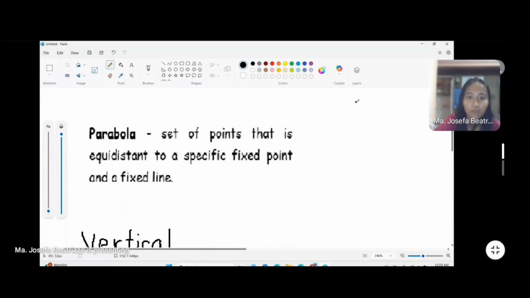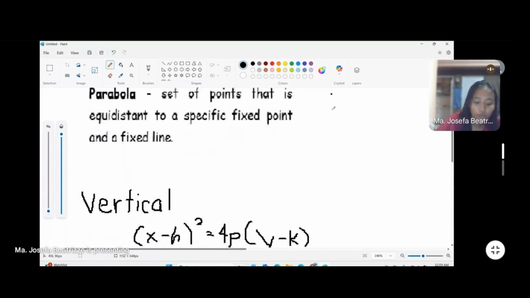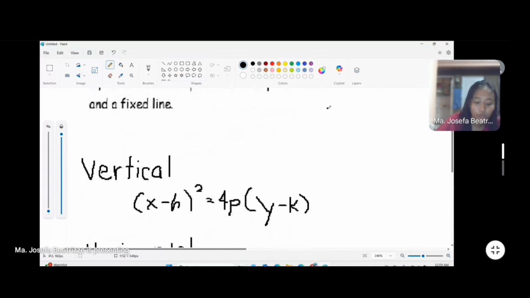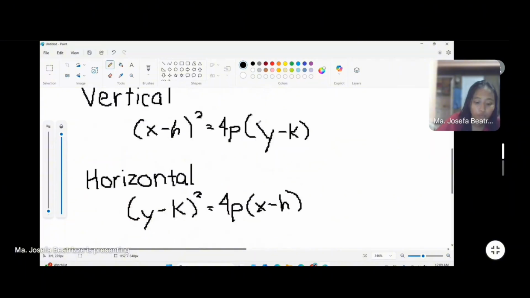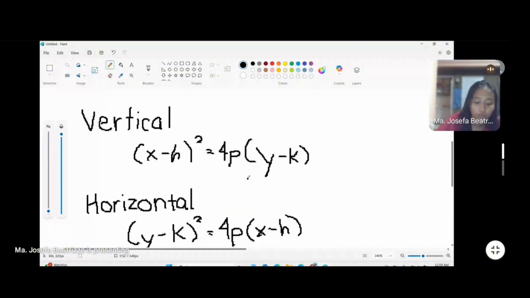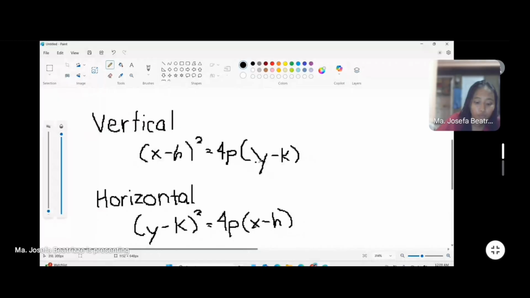Parabola is a set of points that is equidistant to a specific fixed point and a fixed line. So a parabola has two standard equations depending on its axis. So we have a vertical and horizontal parabola. When we say vertical parabola, it simply means our parabola opens upward or downward.